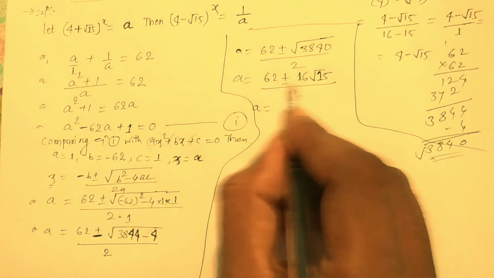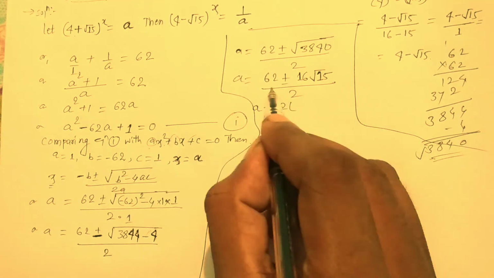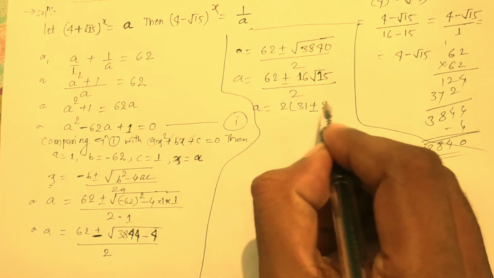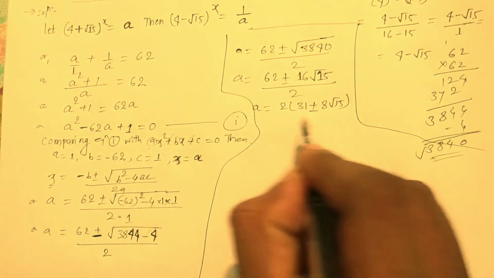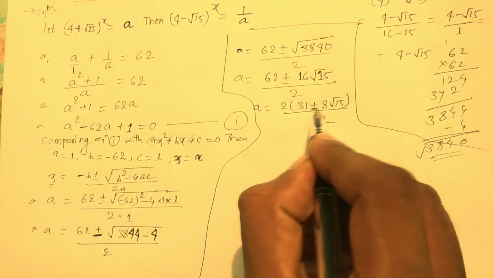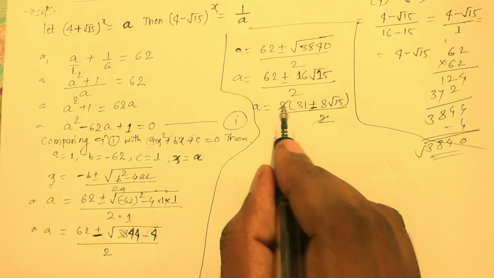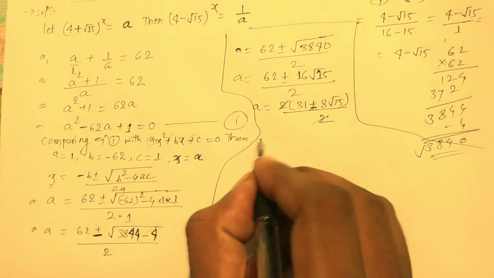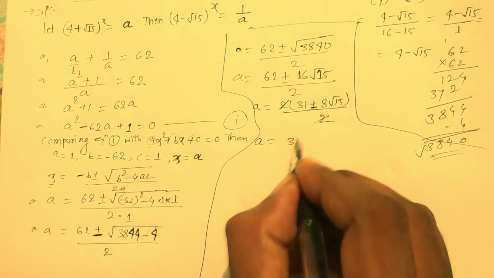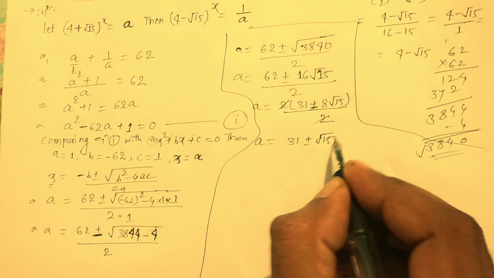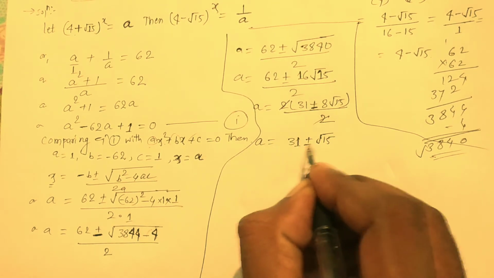Now we can take 2 common, giving 31 ± 8√15 divided by 2. Cancelling the 2 in numerator and denominator, a = 31 ± 8√15.